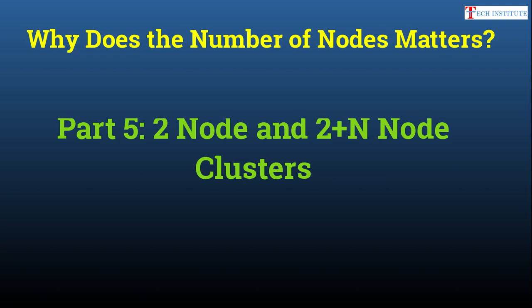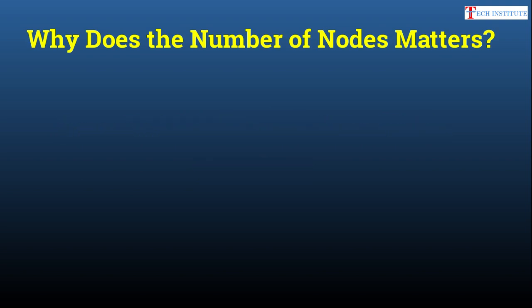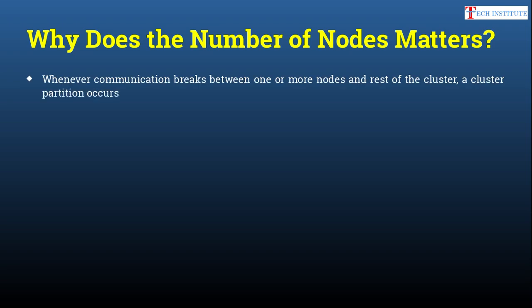So first thing, why does the number of nodes matter? Whenever there is a communication break between one or more nodes, a cluster partition occurs. Suppose you have a 5 node cluster and you have a break, so one partition may have 2 nodes and another partition may have 3 nodes.